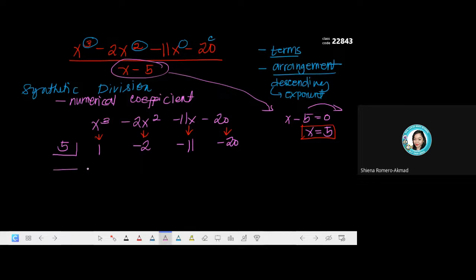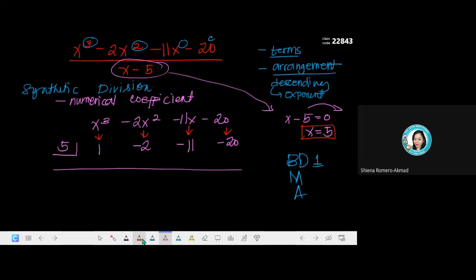Katulad kanina, meron tayong divide, multiply, subtract, bring down. Dito naman, ang steps na kailangan yung tandaan is bring down ng isang beses lang, then multiply, and then add. So, yan lang tatlo na yan. Bring down, multiply, and then add. So, paano natin gagawin yon?